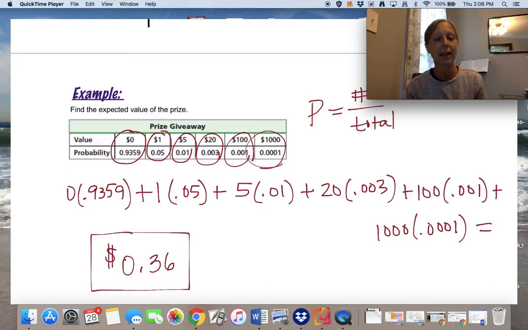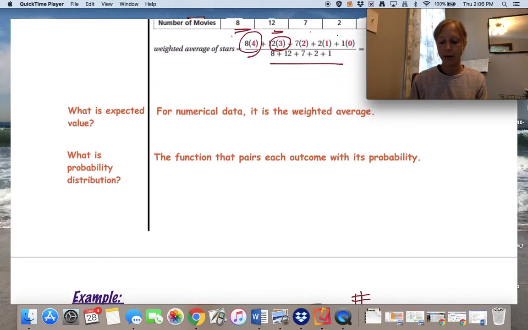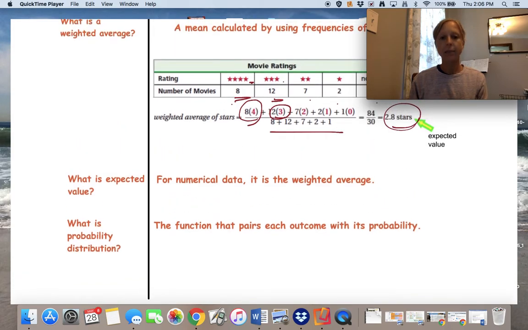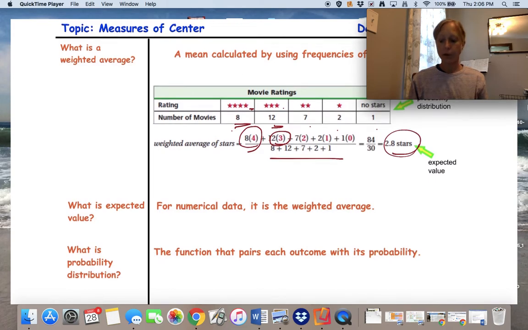That's what you can expect. Okay, now if you get more than that, that's a bonus. Again, the reason we did not divide at the end, like you saw up here in this example, is because ours had a probability distribution, where this example up here simply had numbers of movies and ratings.